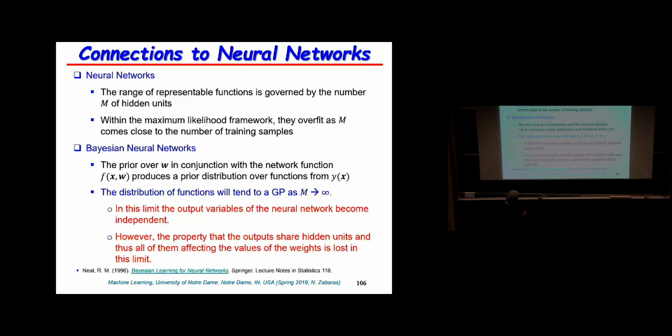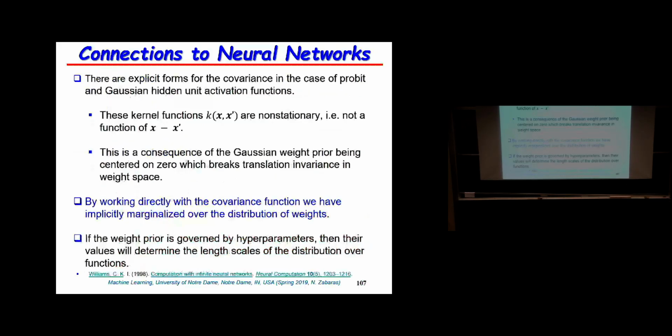If you're interested in this, here it is. The book on the bottom is the PhD thesis of Neal, I think, of the University of Toronto, where he formally proved the connection between neural networks and Gaussian processes. In his thesis he showed that if the activation functions are Gaussian, you can derive the kernels analytically, but it comes out that the kernels are non-stationary, okay?